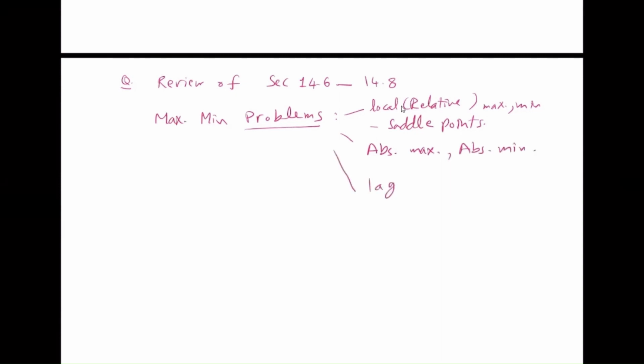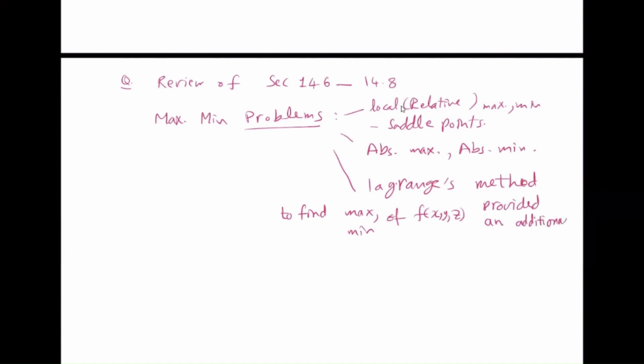What else? Lagrange's method, or Lagrange multiplier method, to find max-min of f of x, y or f of x, y, z, provided some additional condition g of x, y equals 0, which is a boundary.